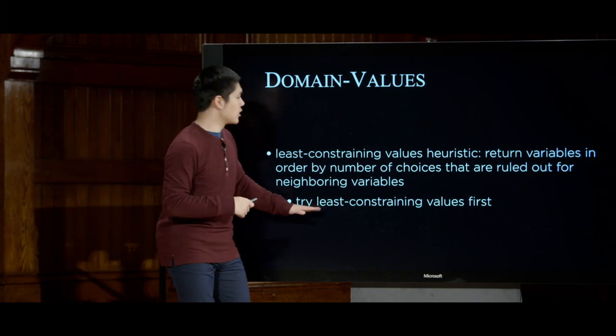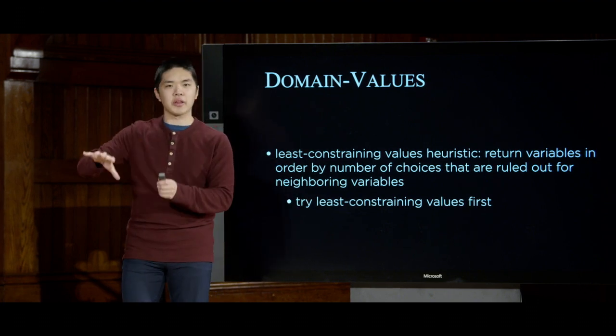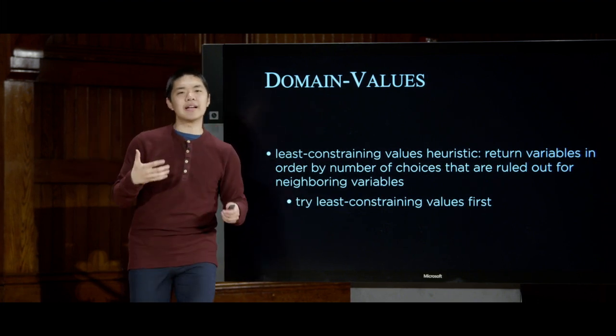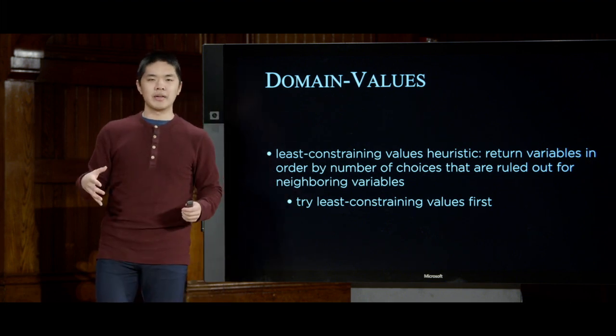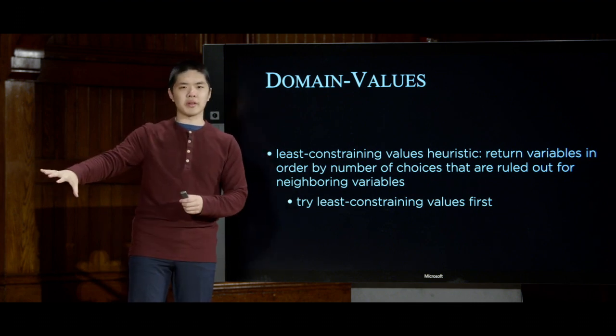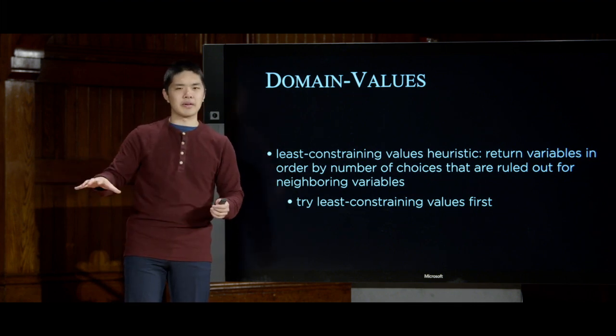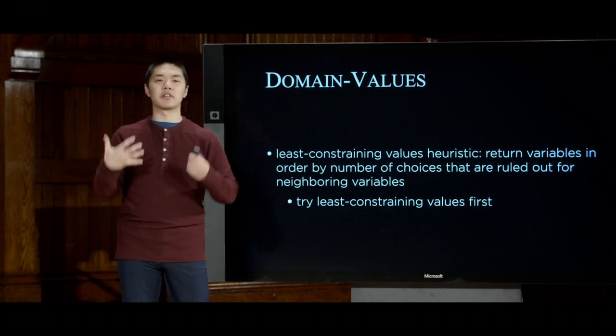And I want to start with the least constraining value, the value that rules out the fewest possible options. And the idea there is that if all I care about doing is finding a solution, if I start with a value that rules out a lot of other choices, I'm ruling out a lot of possibilities, which is going to make it less likely that this particular choice leads to a solution.